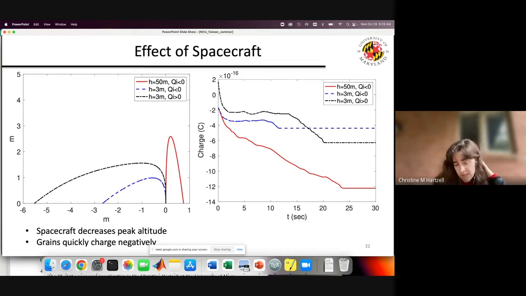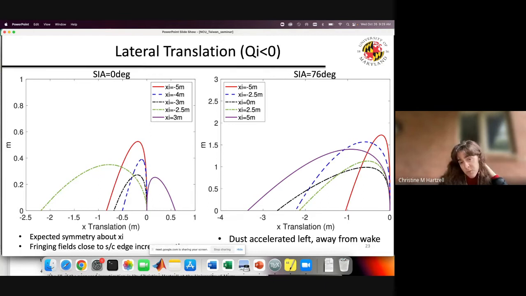We can also look at the effect of the initial position of the particle on the trajectory of the particle. On the left, the solar incidence angle here is 0 degrees, and on the right, the solar incidence angle is 76 degrees. So first we'll start with looking at the case on the right.